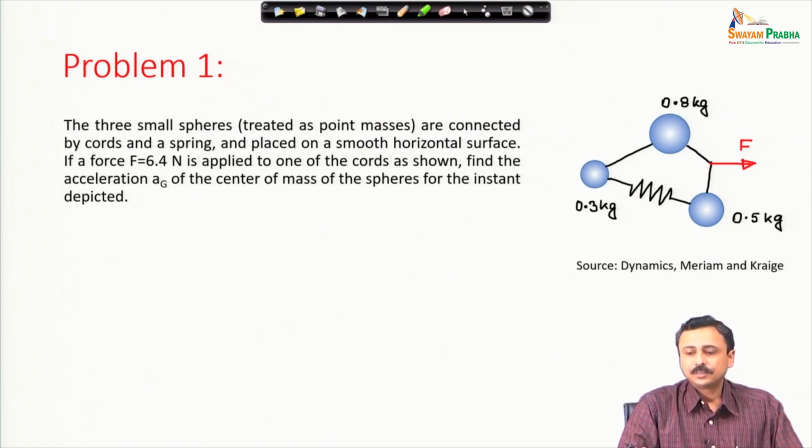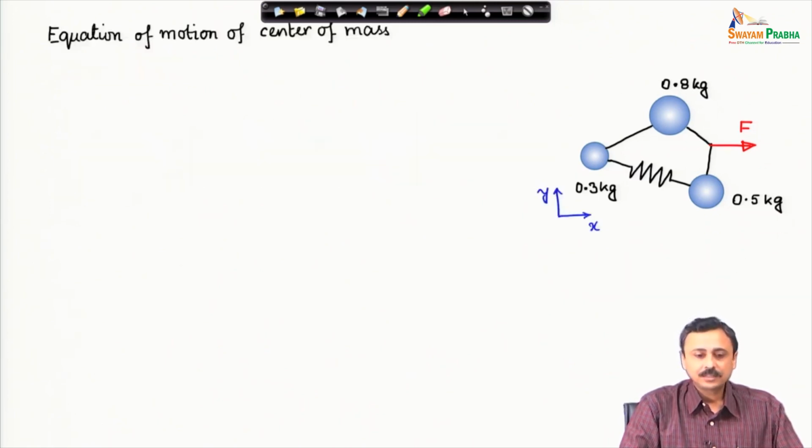So, we have three spheres connected in a certain fashion, and a force is acting on a cord which connects these particles, and there is a spring. So, different kinds of connectivities are there between the particles, and the force is somehow transmitted to the system through that cord. Now, for this system we can write the equation of motion for the center of mass, not for individual particles.